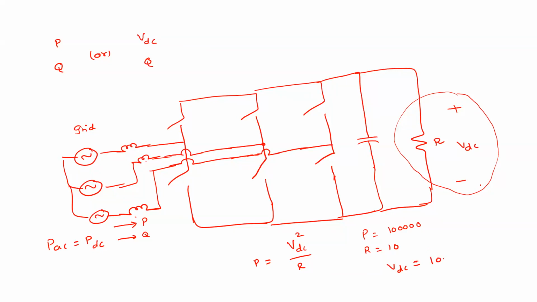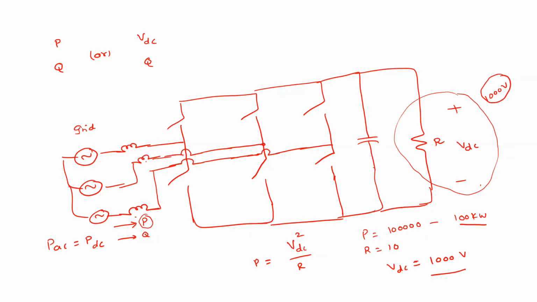The VDC is 1000, right? So what we observed is, we'll talk about the reactive power later, right? If this voltage is maintained at 1000 volts, the power it gives you is 100 kilowatt.